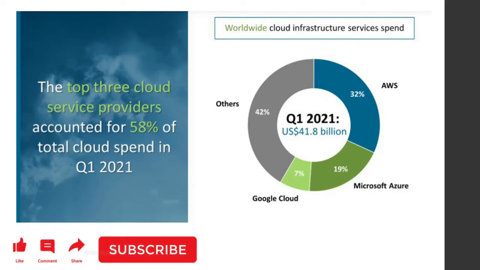And there are 42 percent others, which can be considered Salesforce, IBM Cloud, and other providers. So you can decide which certification you need to take. The market leaders are Amazon, Microsoft, and Google. I strongly recommend going with AWS or Microsoft Azure. I hope you got a better idea about all the cloud certifications.